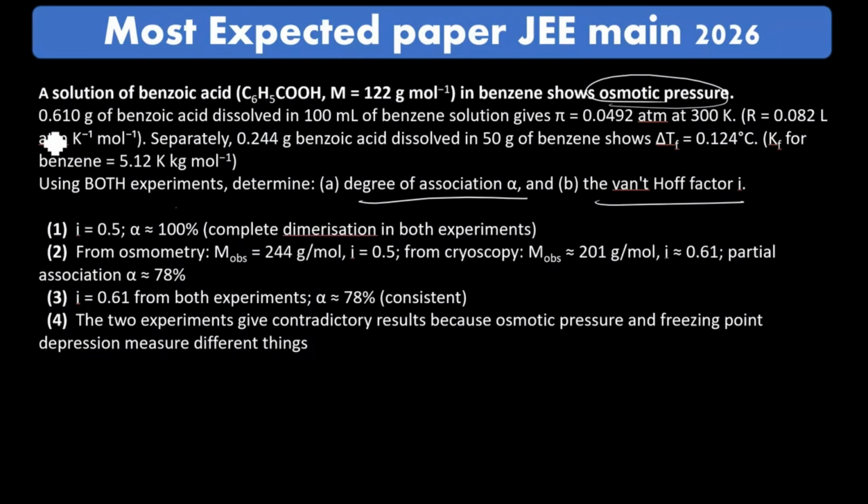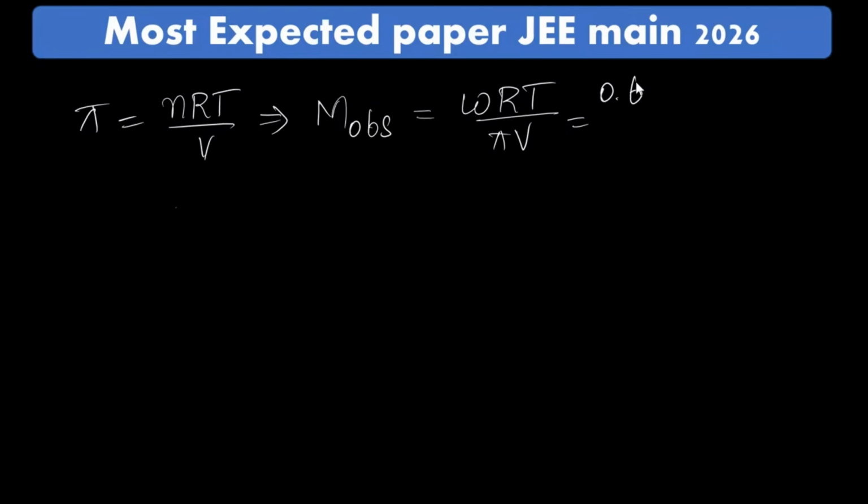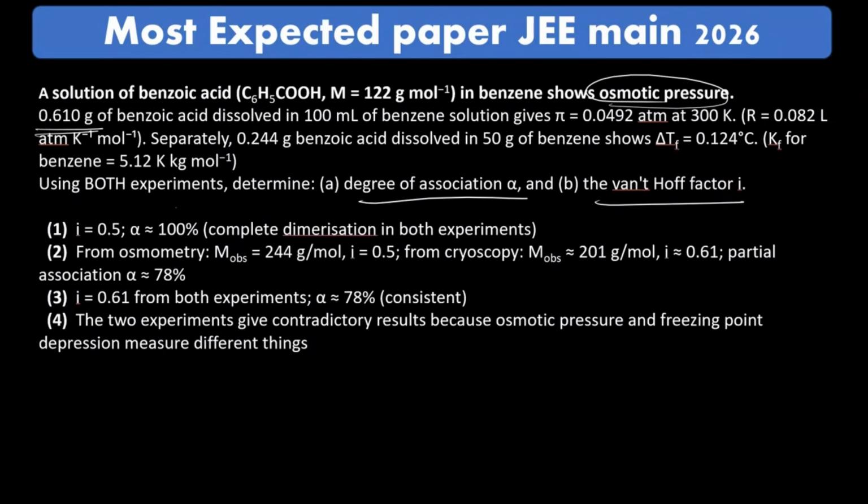Weight is 0.610, R value is 0.082, into 300, divided by the pi value, which they have given in atm, 0.0492 atm, and the volume 100 ml of benzene.